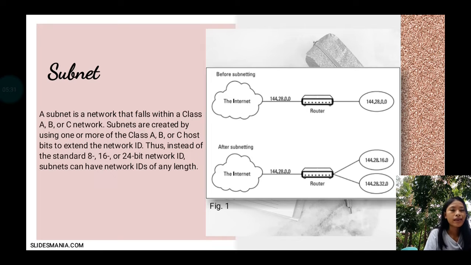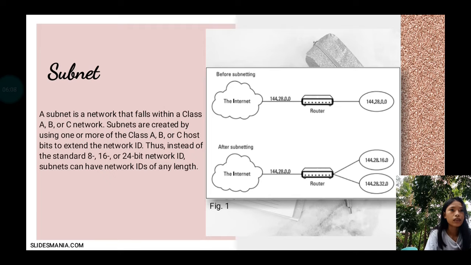In the second network, which is after subnetting, the first 4 bits of the host ID are used to divide the network into 2 small networks, which are identified as subnets 16 and 32. To the outside world, or the other side of the router, these 2 networks still appear to be a single network identified as 144.28.0.0.